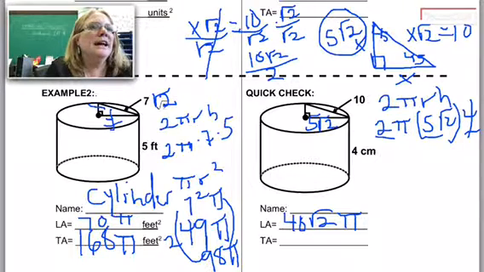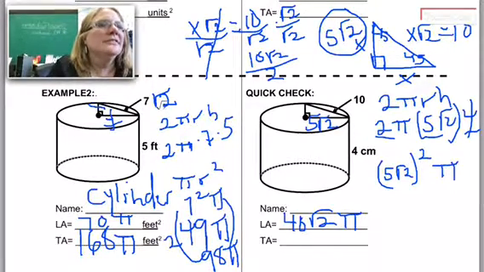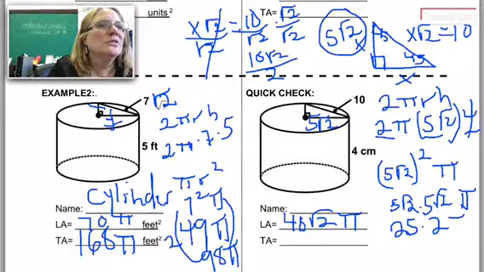And then we need to add the 2 bases. The base is 5 square root of 2 squared times pi. That's 5 square root of 2 times 5 square root of 2. 5 times 5 is 25. The square root of 2 times the square root of 2 is 2. And so that is 50 pi.